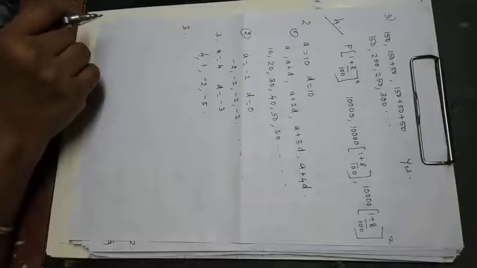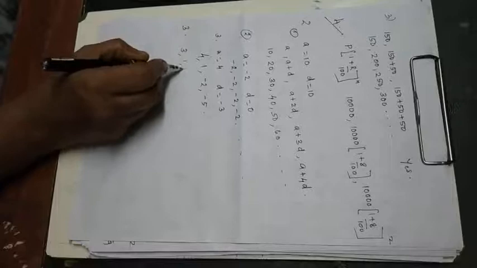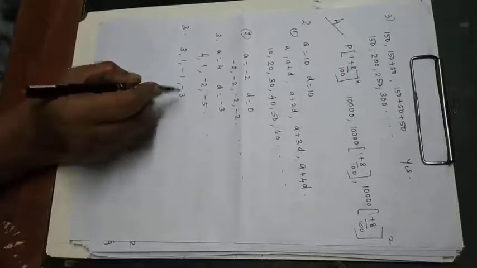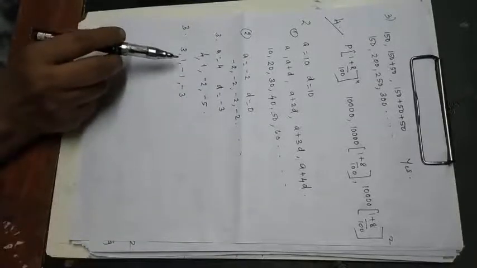Now third one is, for the following APs, write the first term and the common difference. So first one, 3, 1, -1, -3. So how will you find out the first term?